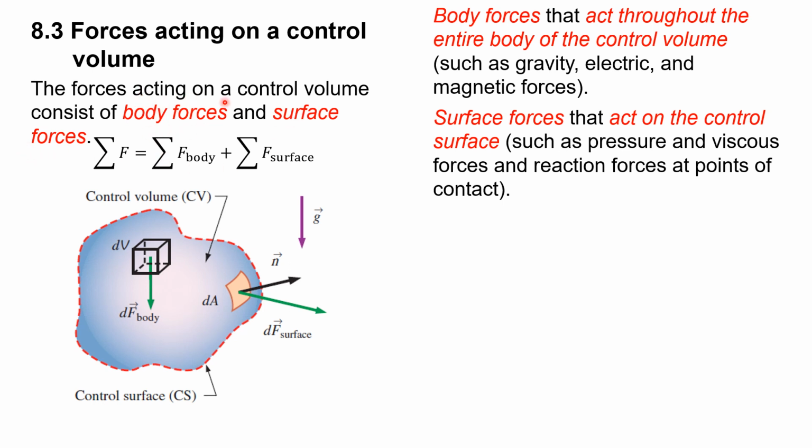Body force is the force experienced by the body, and surface force is the force acting at the surface of the control volume. So this is the control volume: you have a mass and it has a body, and the body is experiencing some force, and the surface is a particular area that we have selected for the analysis.